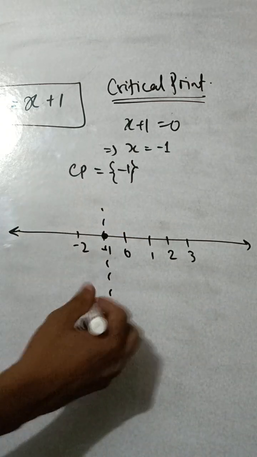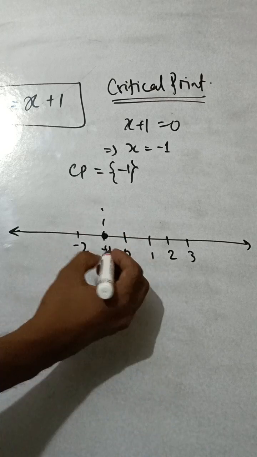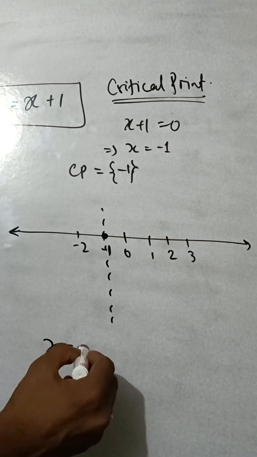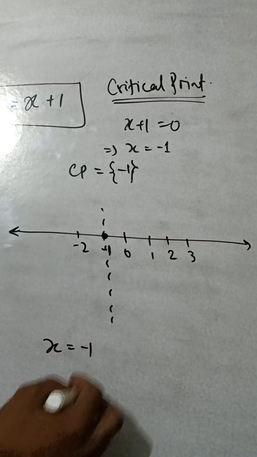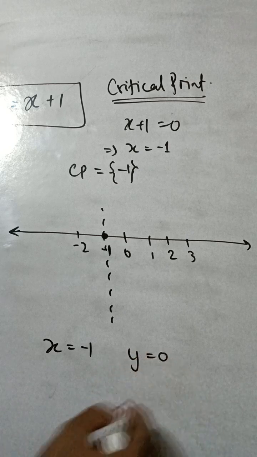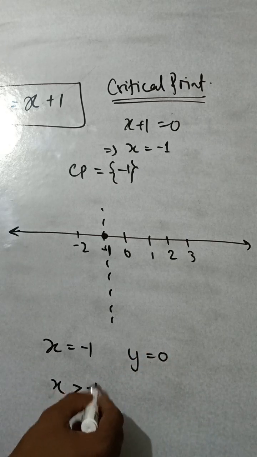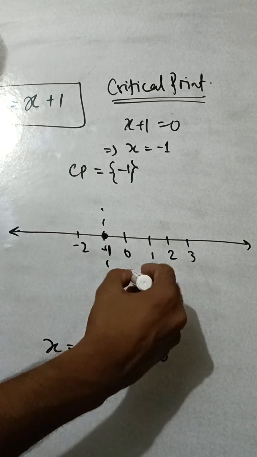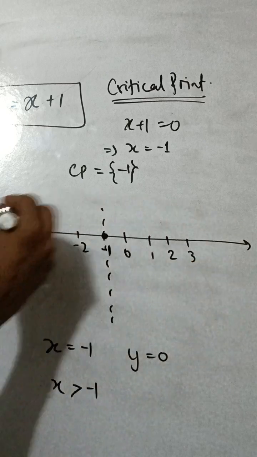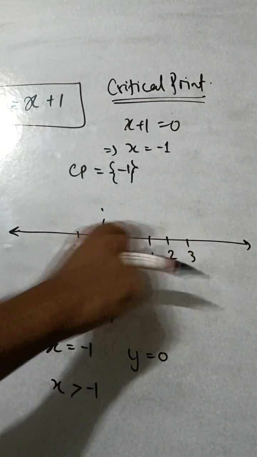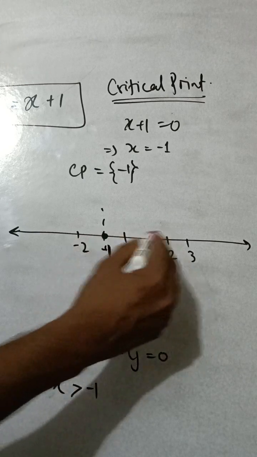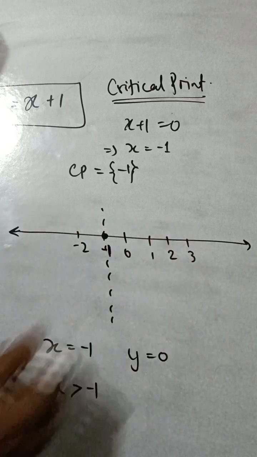So on this critical point, when x is minus 1, our y will be 0. Now look, this critical point is dividing this entire real line into two regions.